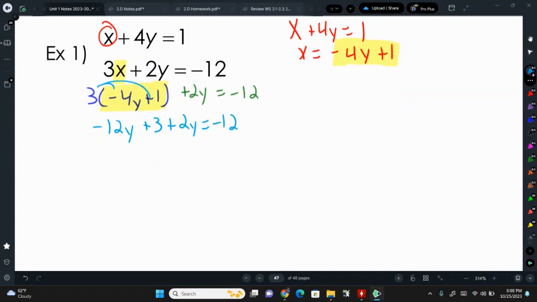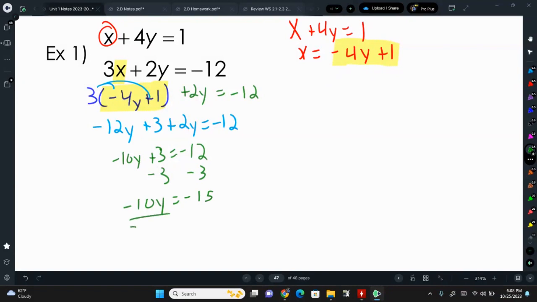Then we can combine our like terms. Negative 12y plus 2y is negative 10y plus 3 equals negative 12. Subtract 3 from both sides. We get negative 10y equals negative 15.